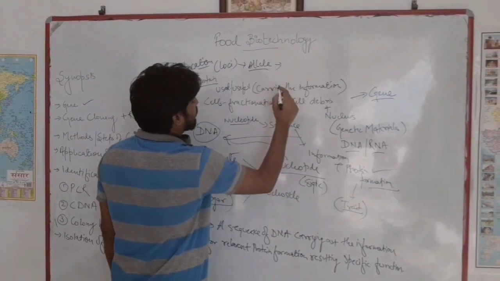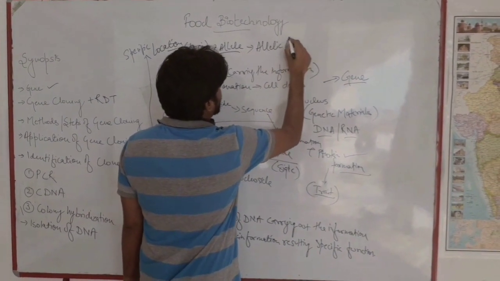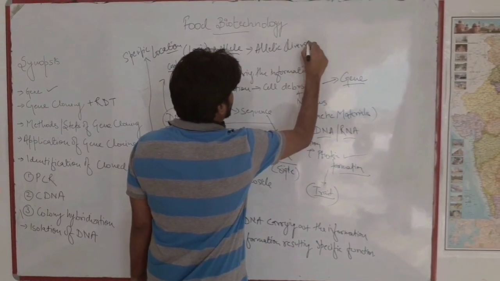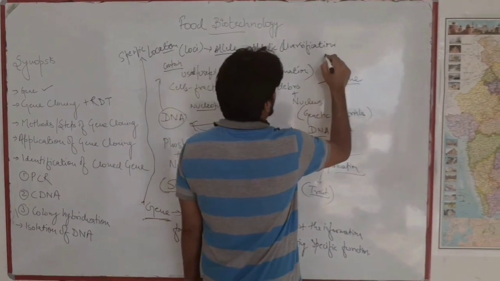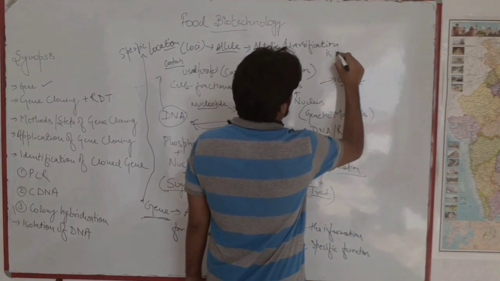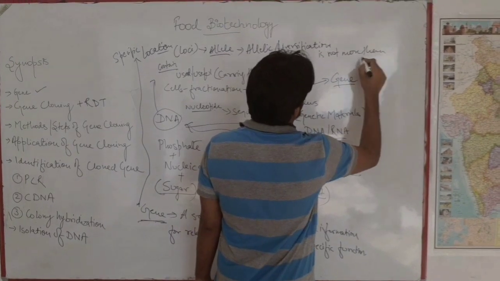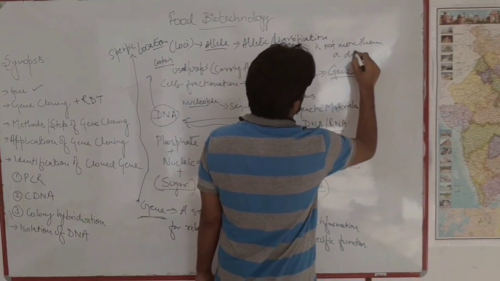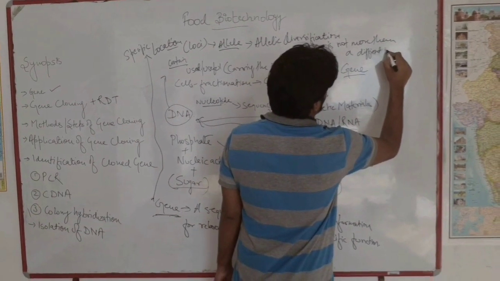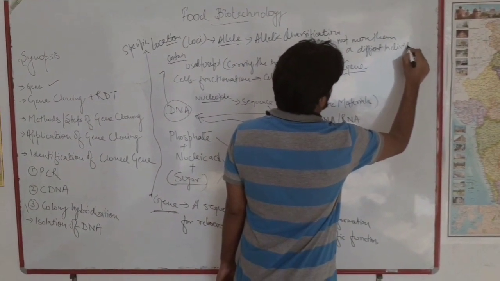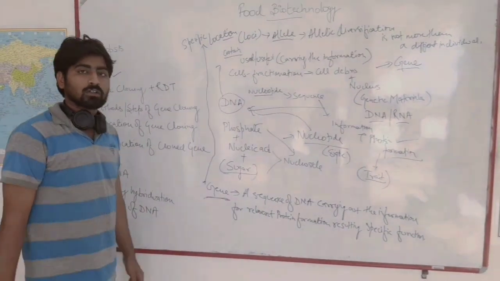And this allelic diversification is what makes one individual different from another. So this finishes the short topic, what is a gene.